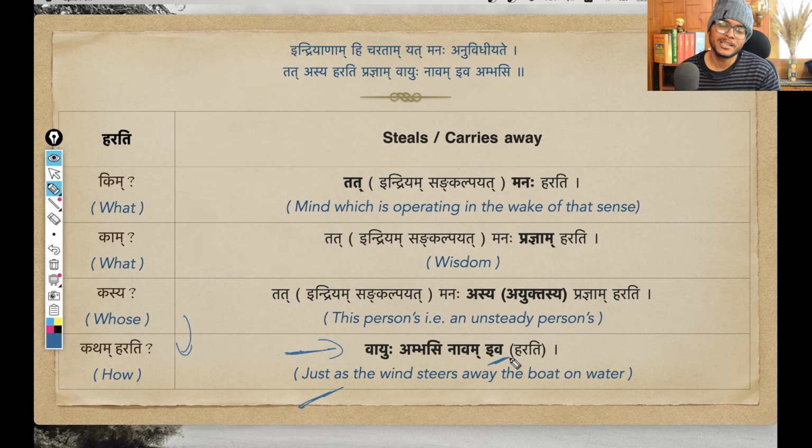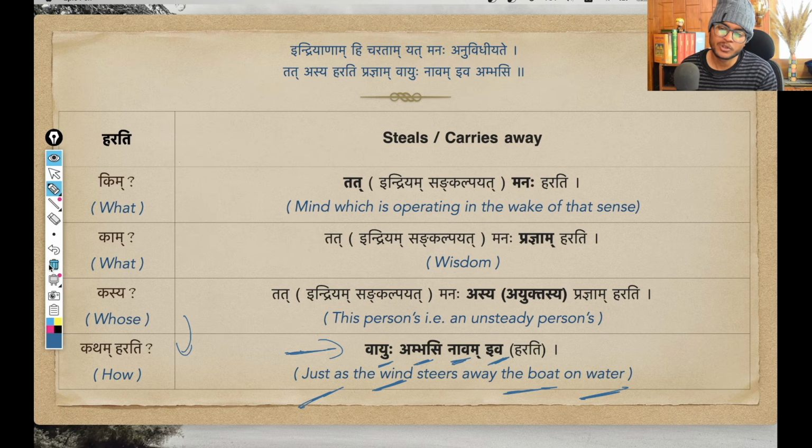And Krishna is saying, Iva, just as the Vayuhu, just as the wind steers away Navam, the boat, Ambhasi, on the water. Basically just as a strong wind can completely steer away a boat running on water, in the same way, the mind can very strongly, very forcefully carry away the wisdom of such a person.